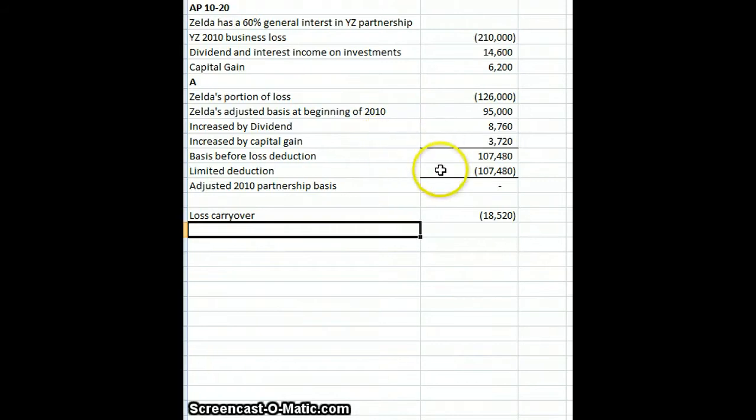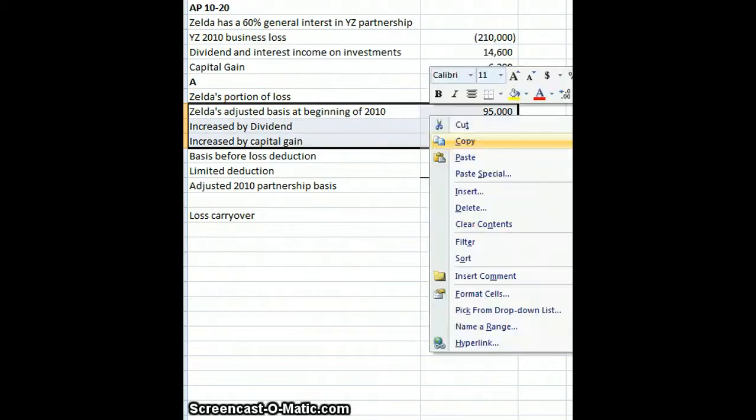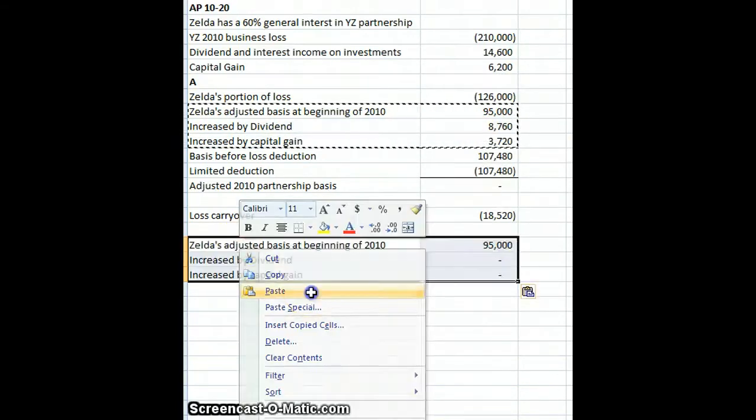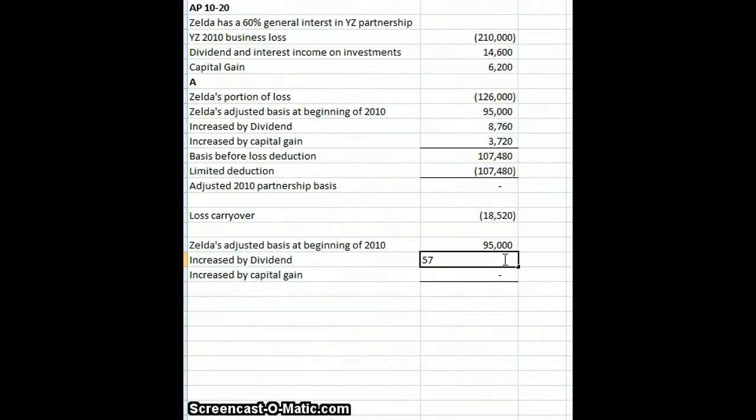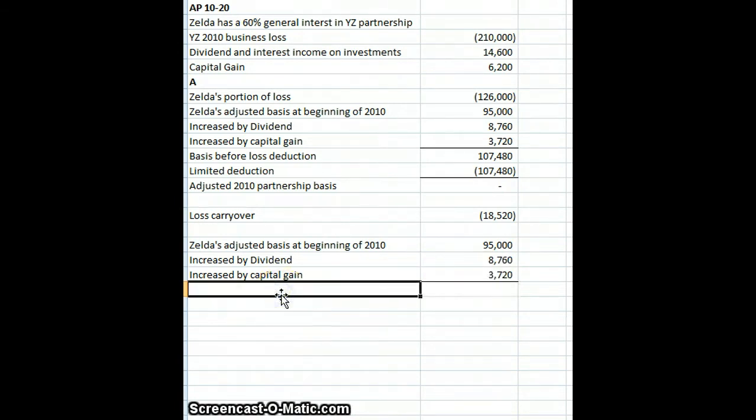Part B of our question asks, how would our answers change if we received a $5,000 cash distribution from the partnership before that? So really we'd do the same thing here. Our basis up to that point would be the same, $8,760, $3,720, but then our basis would be decreased by that $5,000 distribution.